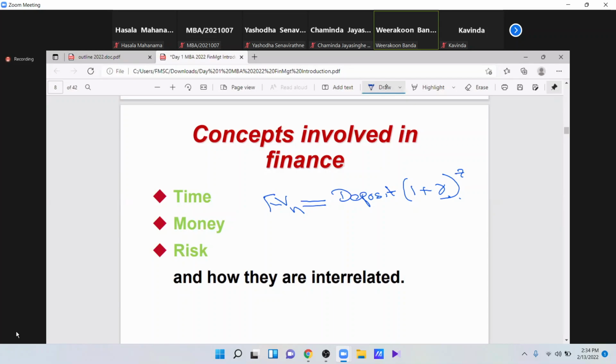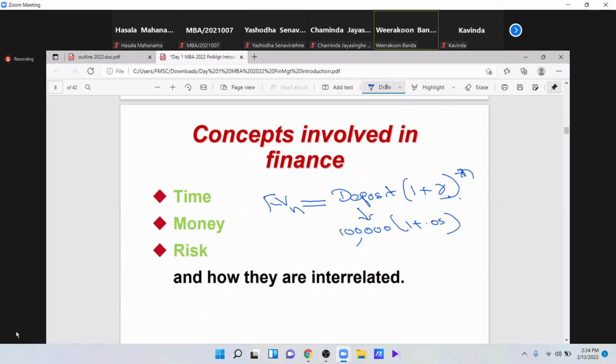So, if you decide to deposit some value here, that indicates the amount of money you can invest, 100,000 rupees. What is the return level? Maybe 0.05, 5% rate.